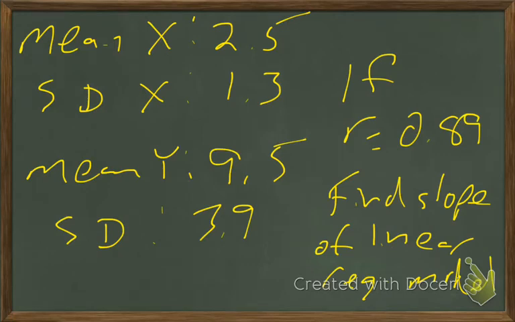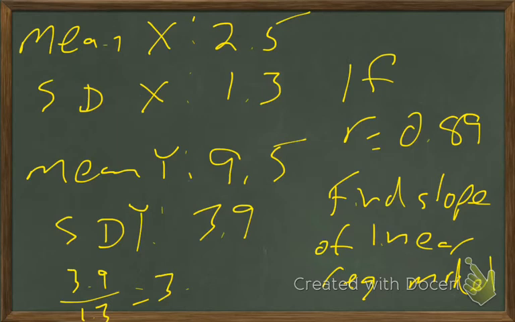In order to find the slope, ladies and gentlemen, we take the standard deviation for y divided by the standard deviation for x, and then multiply that by r, which is 0.89. So we take 3.9 divided by 1.3, which ends up being 3 on the nose.